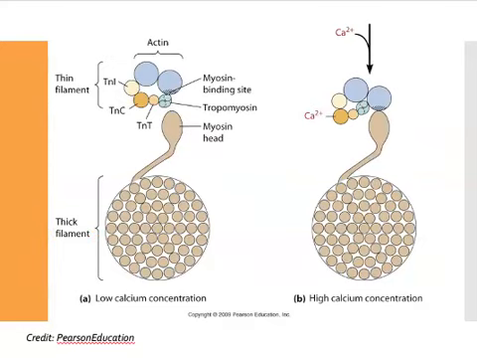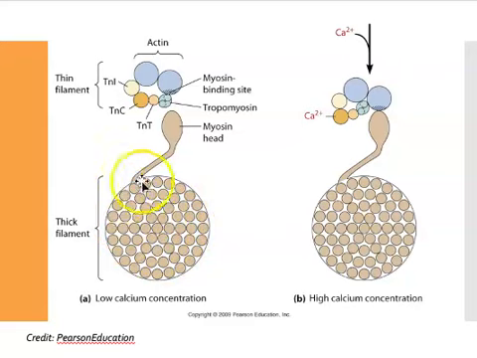Now, this is a strange looking diagram, but let's walk through it. What you're looking at here on the left in brown is one thick filament that has been cut in the transverse plane. So we're looking at a cross section. We've cut through, like a slice of bread, through a thick filament.